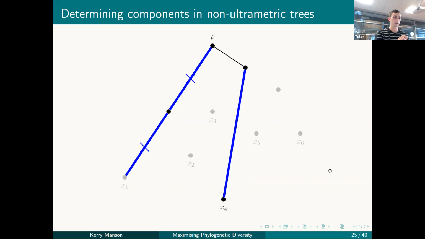And if we want to achieve that, what we can do is take the minimal tree connecting those species to the root and shrink that to a single point, and then run through the same algorithm. And that will tell us which components are containing the leaves we want to add on to make MaxPD sets that do contain a particular set.